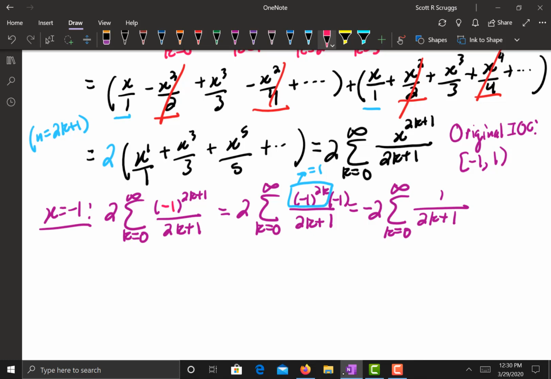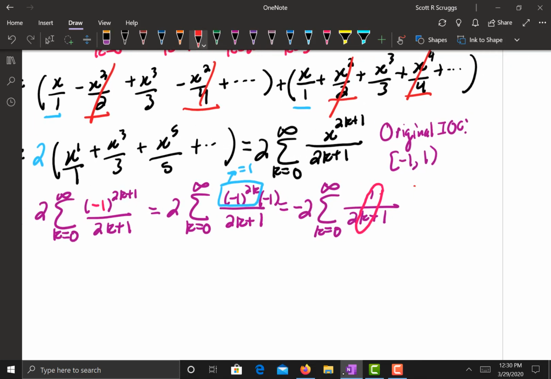I have an algebraic function, so I get to use my property where I just read out the highest power. If I do that, I get a harmonic series. So this series will diverge by the limit comparison test, and the series that I would compare with would be the harmonic series.